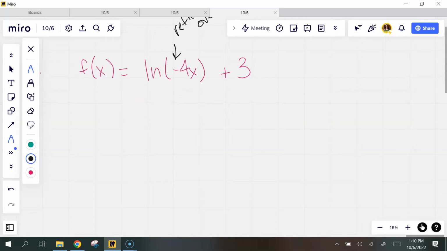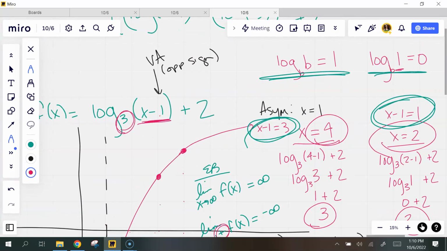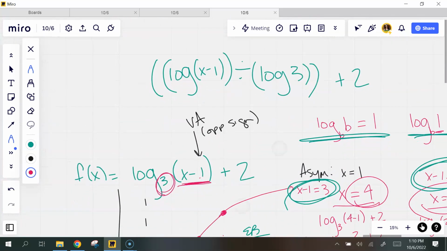Where is my asymptote on this graph? It's the number that's being added or subtracted within the log. Look at this one, it was -1. This one's just log -4x.